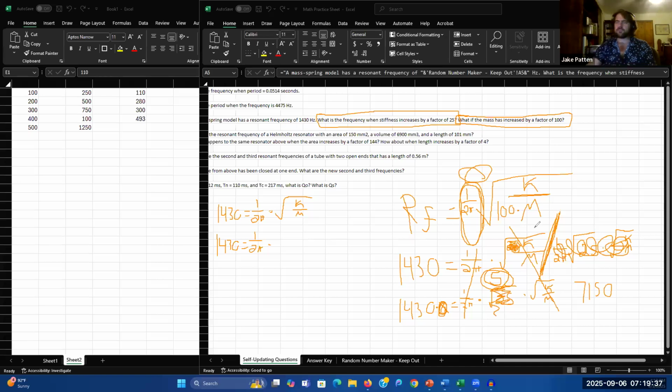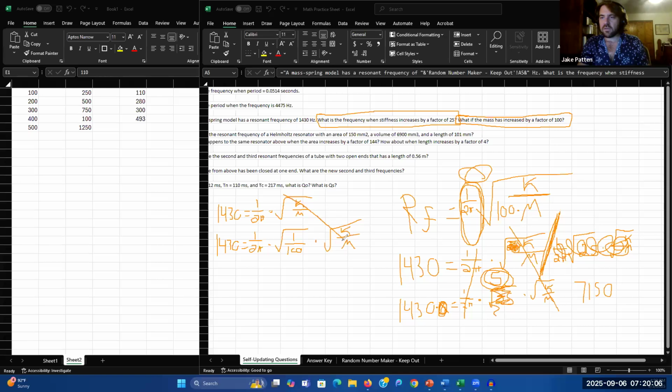So it's like 100 times m. If you pull this out, last time it was just 25, and then we took the square root of it, and it was 5. But because this is on the bottom of the equation, it stays on the bottom. So it has to be 1 over 100, square root of 1 over 100 times square root of k over m. And then once again, we're just going to cross all the stuff out that's the same.